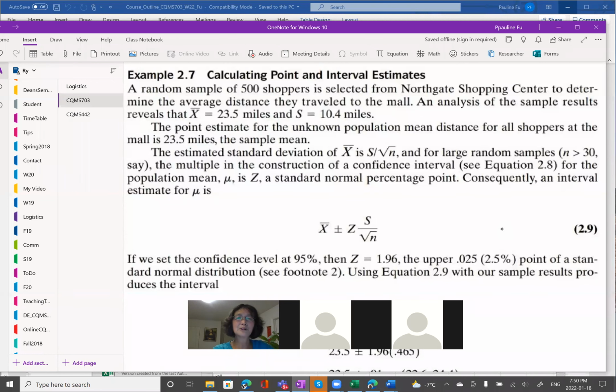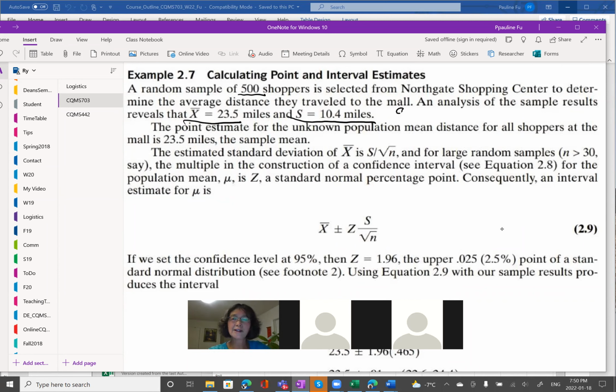A random sample of 500 shoppers is selected from a shopping center to determine the average distance they traveled to the mall. An analysis of the sample revealed that the sample mean is 23.5 miles and the sample standard deviation is 10.4 miles.